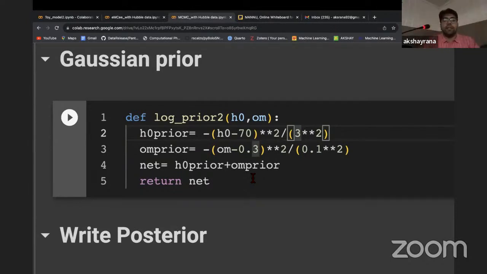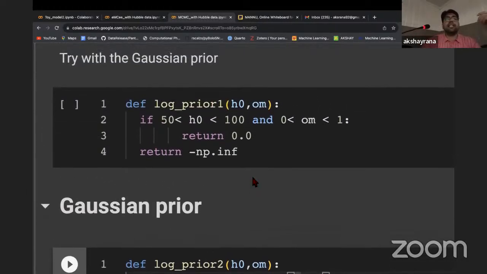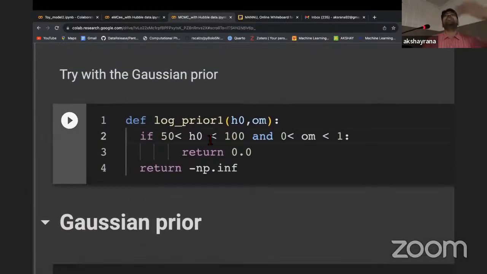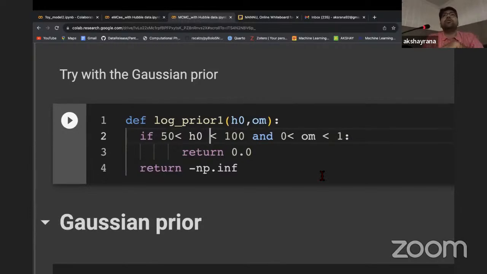Because that's important. Next, this is one choice. Another choice can be that I am not very much trusting any result. I want to independently do my analysis. Then instead of that, I can choose a uniform prior. What does uniform prior mean? That I'm not giving any specific choice, but I'm saying the Hubble value can be anything between 50 to 100, or the omega m value can be anything between 0 to 1.